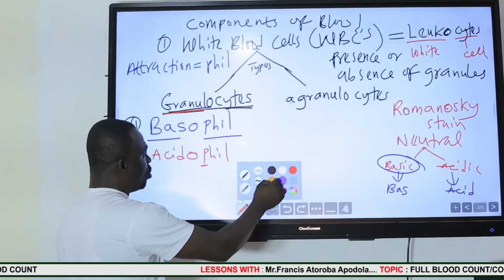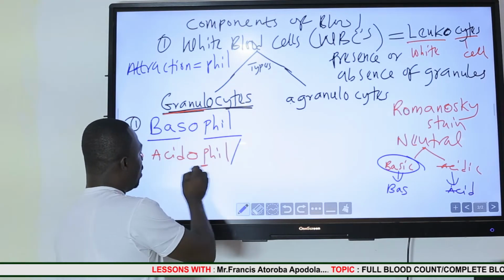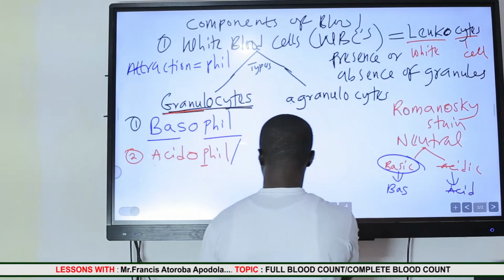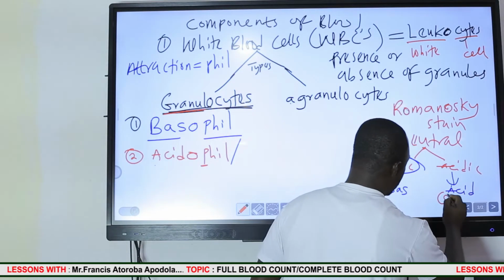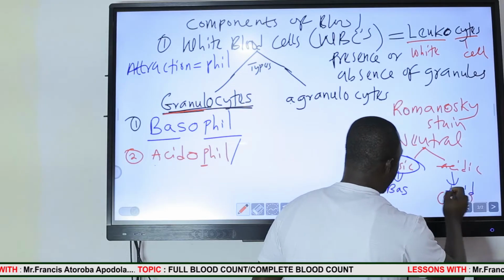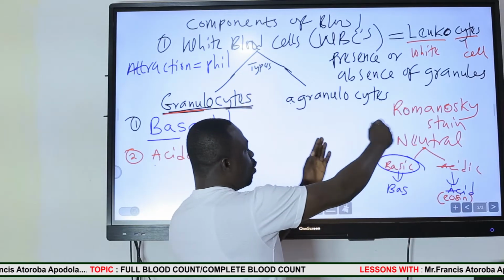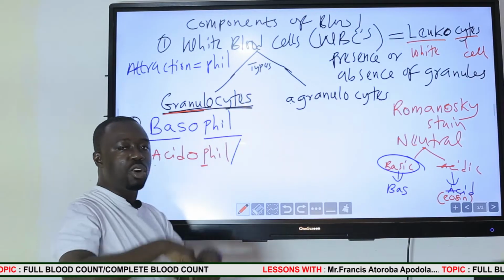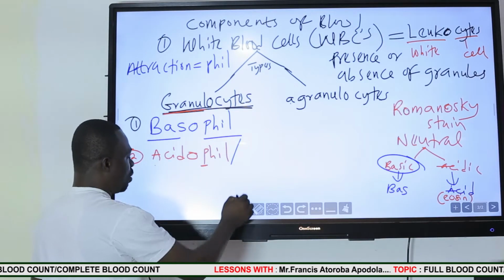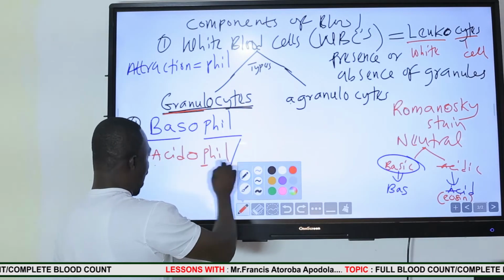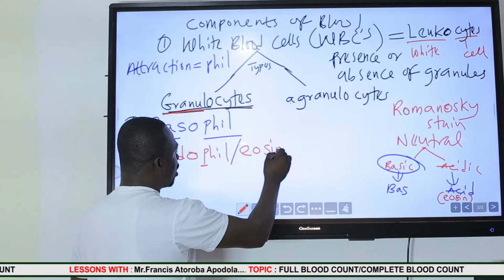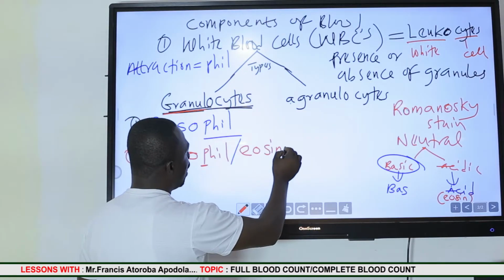It is interesting to note that the acid part of the dye of the Romanowsky stain is actually called eosin. For that matter, the cell that is called acidophil is also called eosinophil, meaning the cell showed an attraction to the eosin part of the dye.